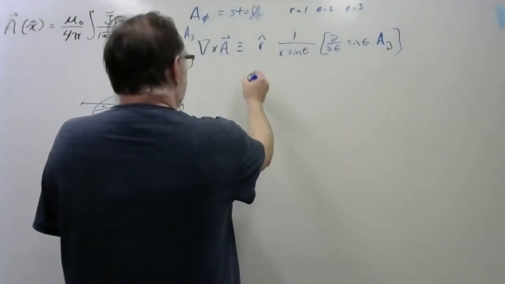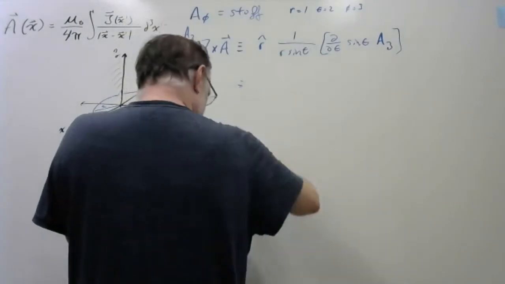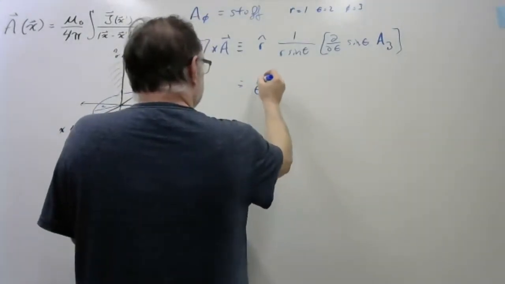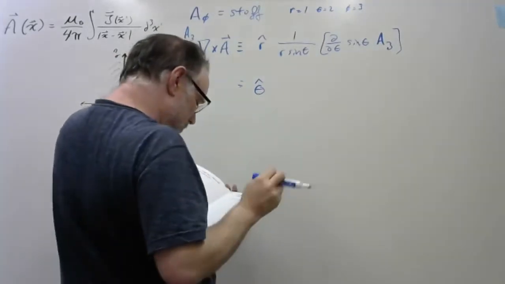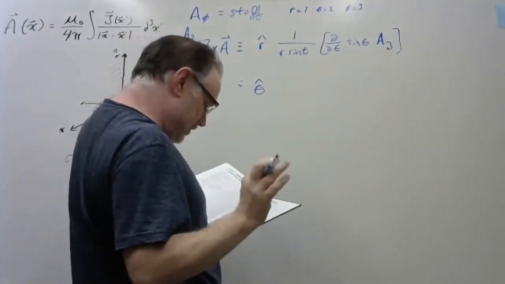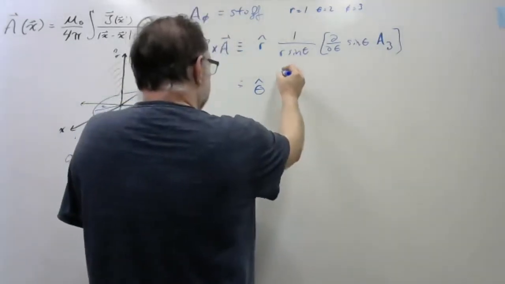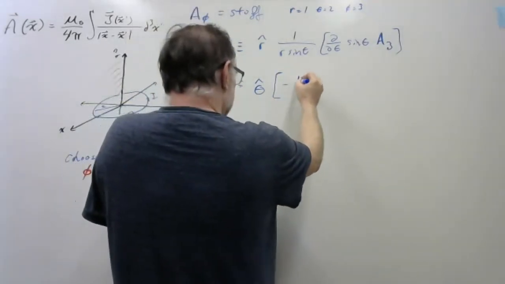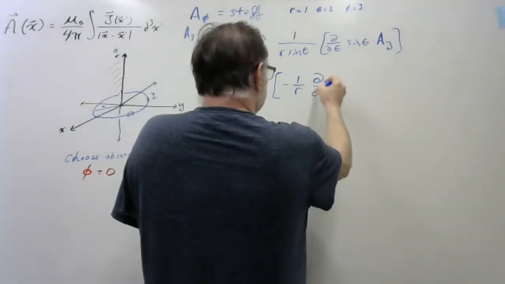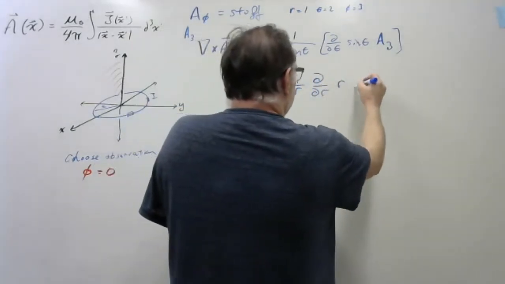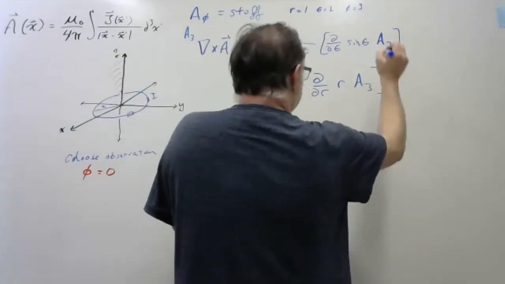Then I have the theta component. We want to look again at where the A3s are, and the term that goes with that is the second one there. So minus 1 over R, d/dR of R multiplied by A3. There it is.